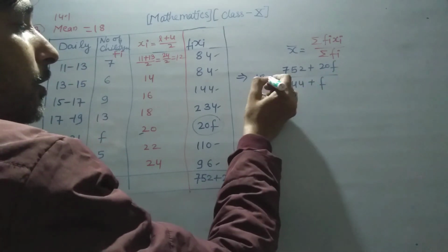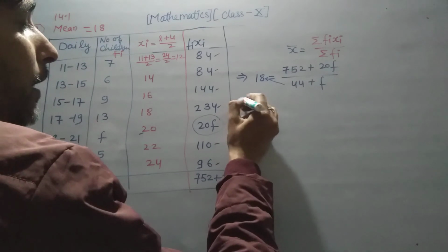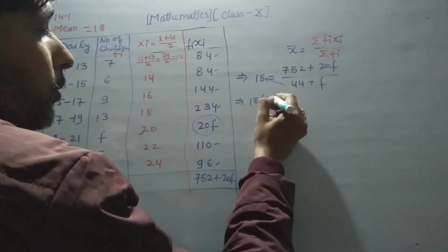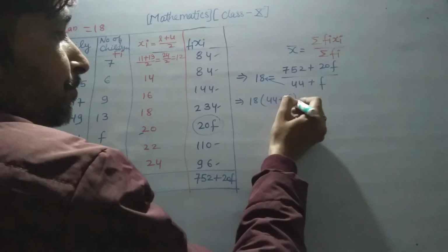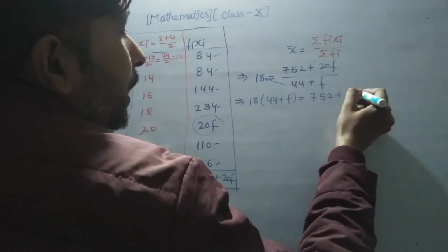Then cross multiply: 18 into 44 plus f is equal to 752 plus 20f.